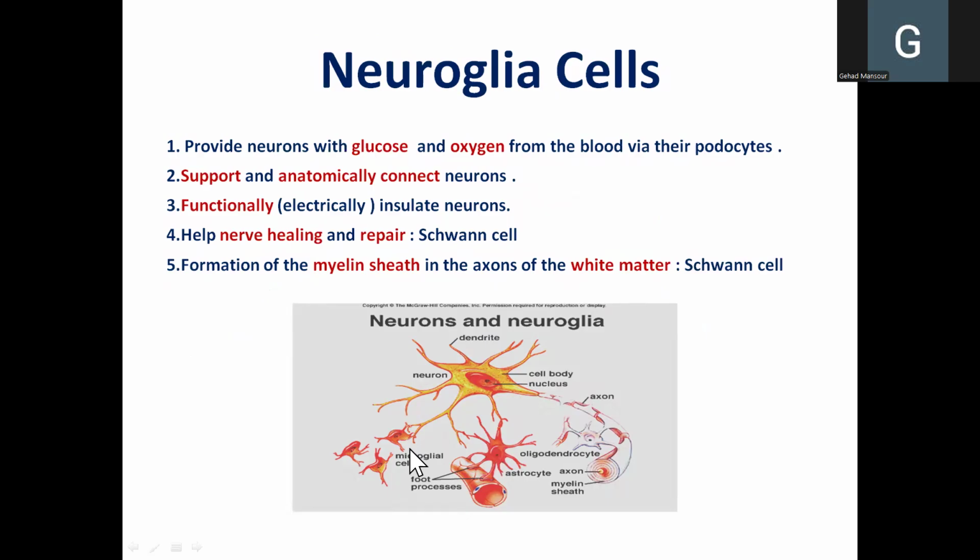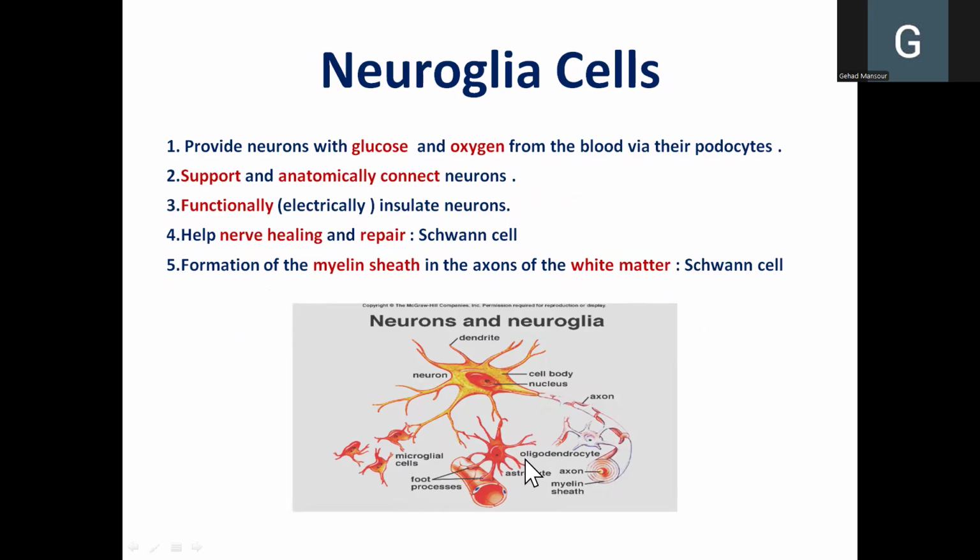We have different types of neuroglia cells. As you can see here, we have the neuron, which is the main type of cells in the nervous tissue, and we have blood vessels, and we can see three types of neuroglia cells. The first type of neuroglia cells to the left are the microglia cells, and they are responsible for local immune function in the brain.